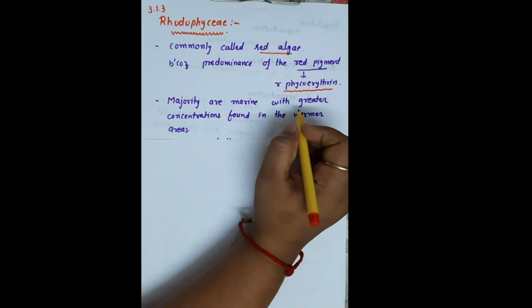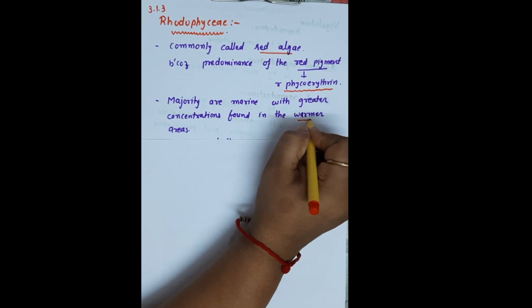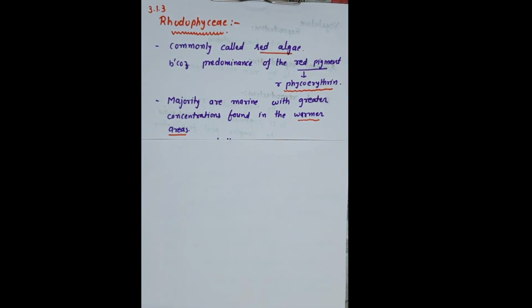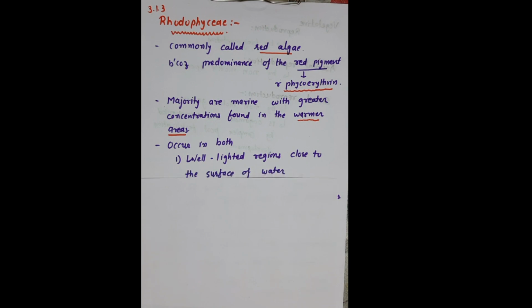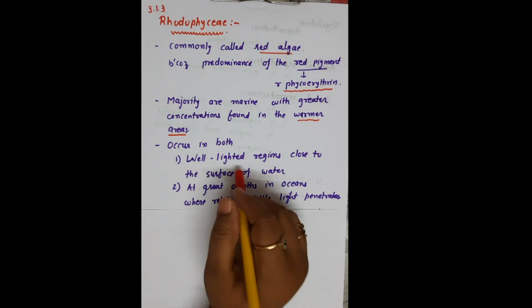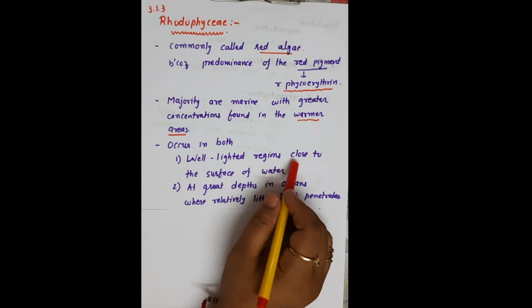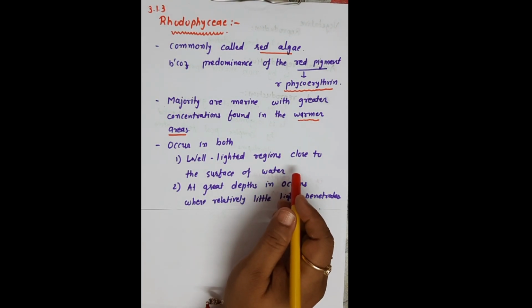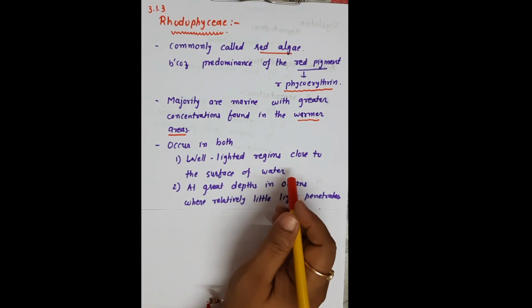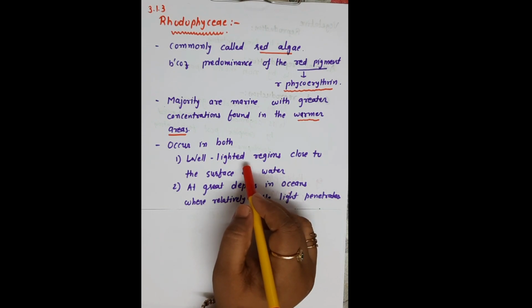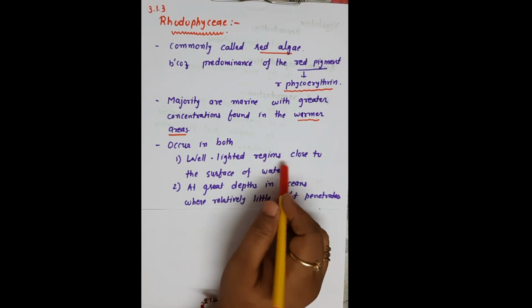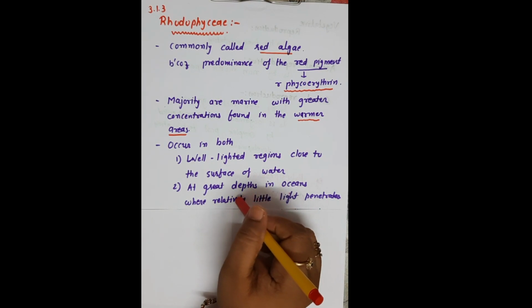Majority of them are marine algae, mostly observed in marine environments, having greater concentration in warmer areas. जहाँ पे थोड़ा warm area होता है वहाँ पे वो ज़्यादा देखने मिलते हैं. Which occurs in both well lighted regions close to the surface of water, मतलब कि वाटर की सरफेस के नज़दीक जहाँ पे लाइट अच्छे से मिल रहा है, वहाँ पे देखने मिलता है.